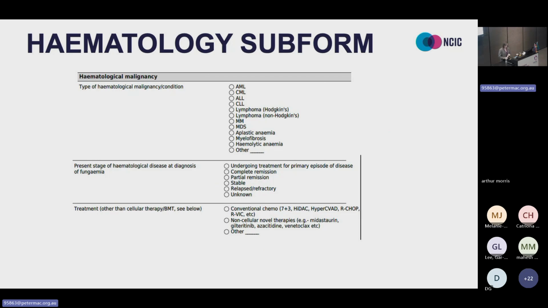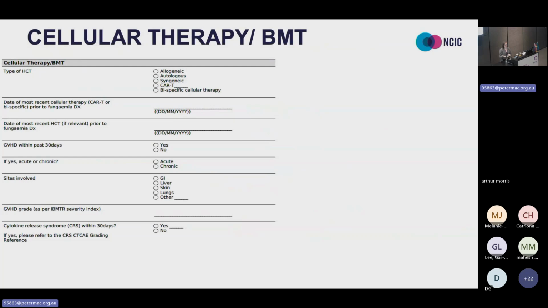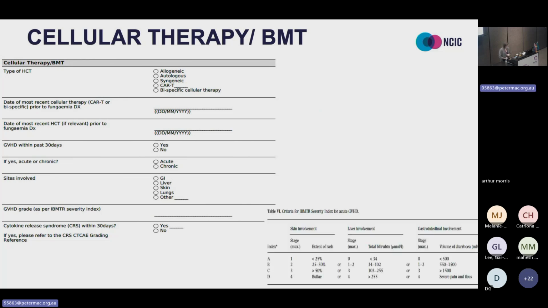And then that's because the next form is looking at the cellular therapies or BMT, which includes CAR-T and bispecific and allo and autotransplant. And dates of receipt of the most recent cellular therapy, whether there was GVHD, sites involved. And we'll make sure that if there's any kind of grading, we have the grading provided for your reference, including such things like the GVHD grade.